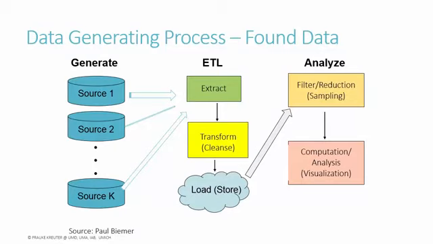Here you have a whole bunch of individual data sources, likely, that get extracted from the web, then edited. Variables, features are generated out of it and stored in some form. When you analyze the data, often there is some reduction necessary to get results quickly, and some computation and visualization. So you see, again, a process. You want to know what that process is like and what happens along the way.